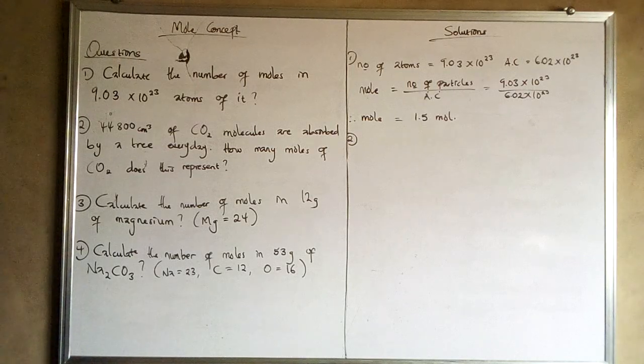The second question says 44,800 centimeter cube of carbon dioxide molecules are absorbed by a tree every day. How many moles of carbon dioxide does this represent? In this case, they gave us only one value in the question, and the only value given is the volume of the gas involved in the question.